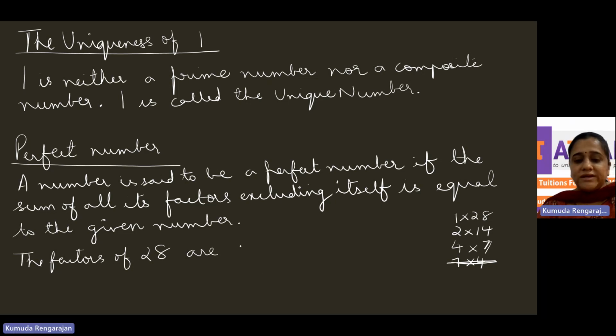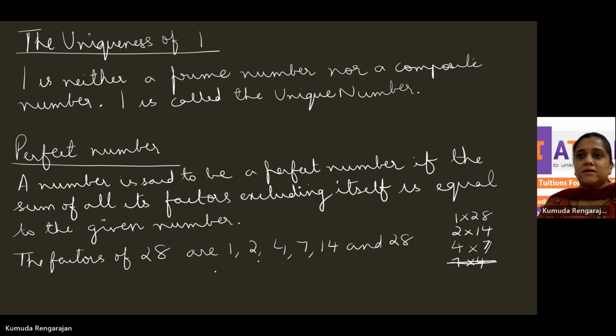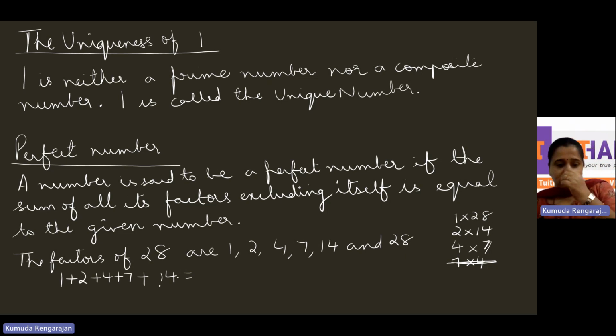The factors of 28 are 1, 2, 4, 7, 14, and 28. Now, 1 plus 2 plus 4 plus 7 plus 14 is equal to what? 7 plus 4 is 11, 12, 13, 14, 28. It's equal to the given number, right?